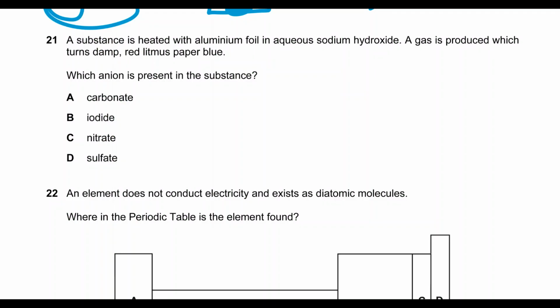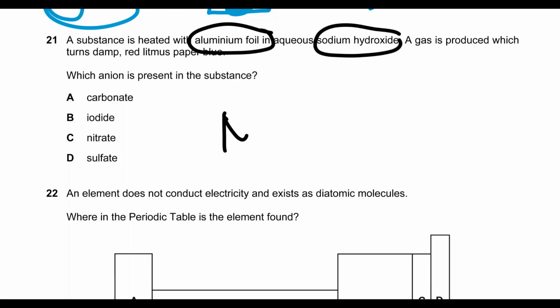In question number 21, a substance is heated with aluminum foil and sodium hydroxide. This question is a part of the tests for gases, or tests for anions. So here, aluminum foil and sodium hydroxide together, you have to think about a compound that contains nitrate ion.